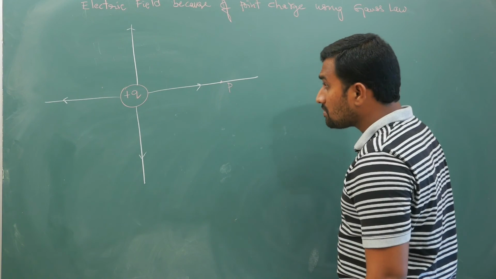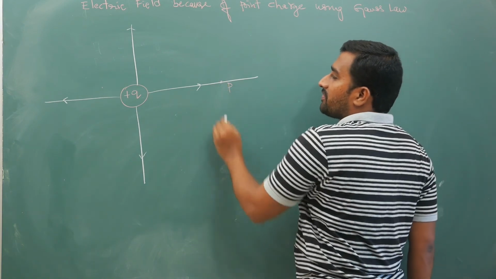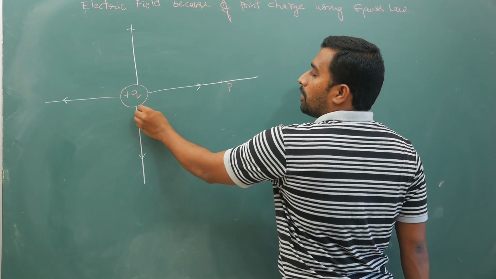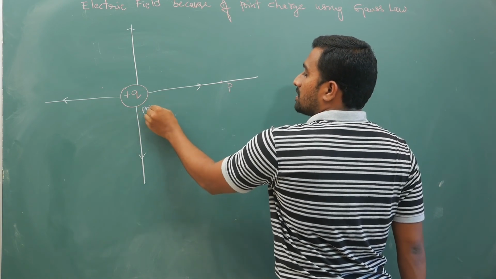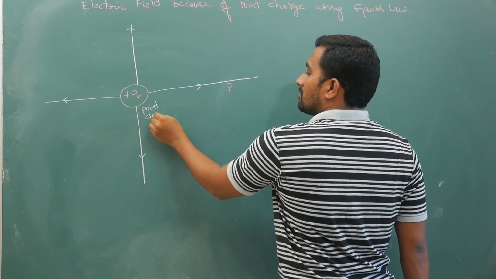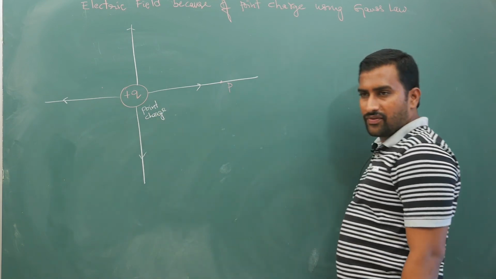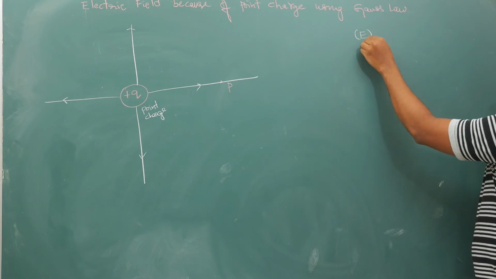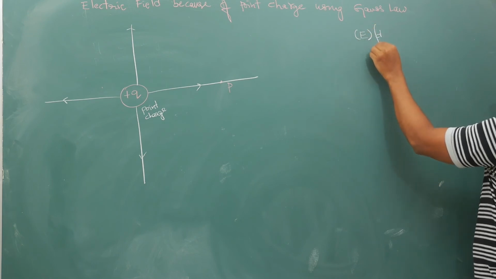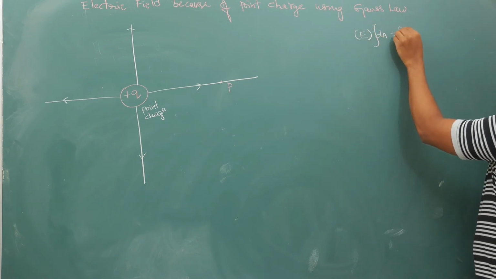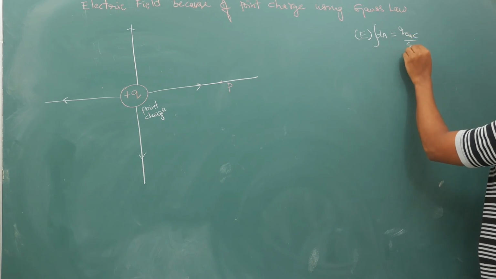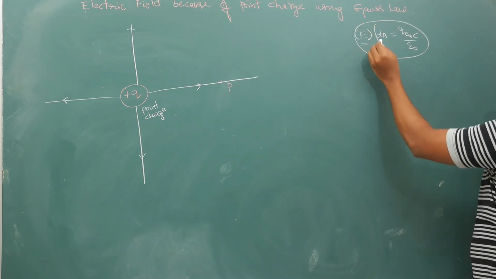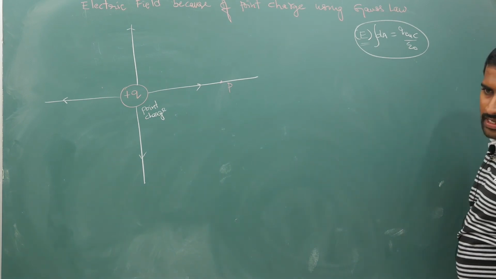Now if you want field at this point, if this is a point charge, to get field, I told you, you have to manage to choose such that E times integral dA is your Q enclosed by epsilon naught. You choose proper Gaussian surface, that will give you your electric field automatically.